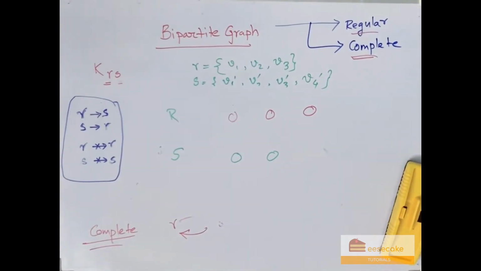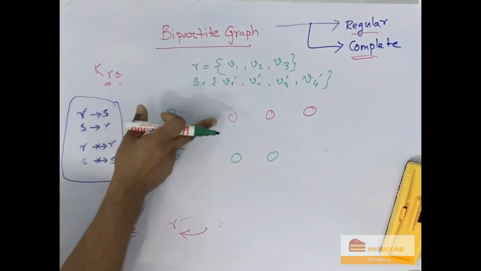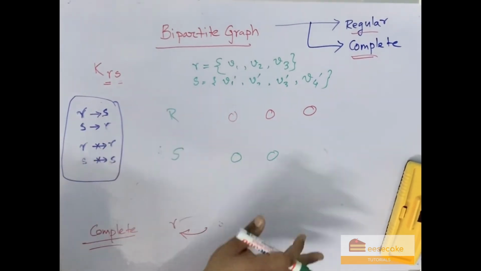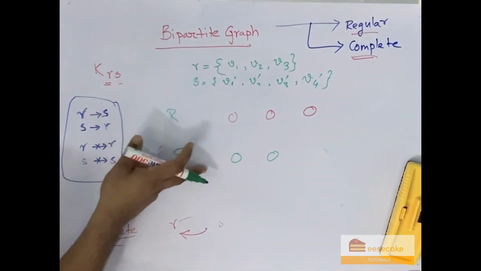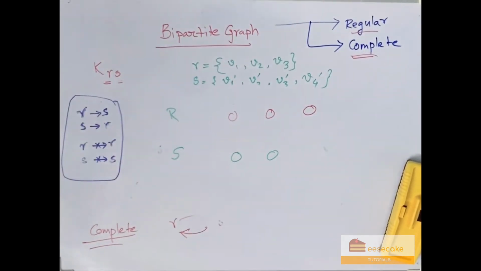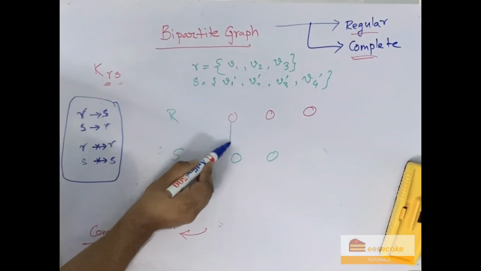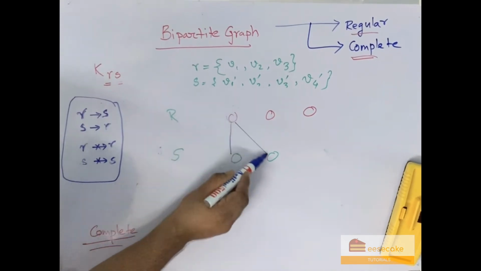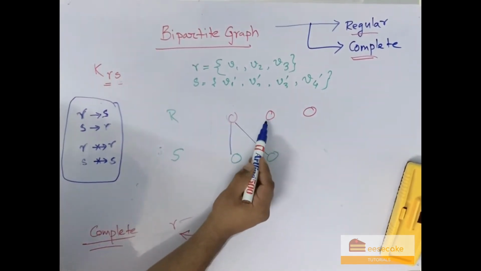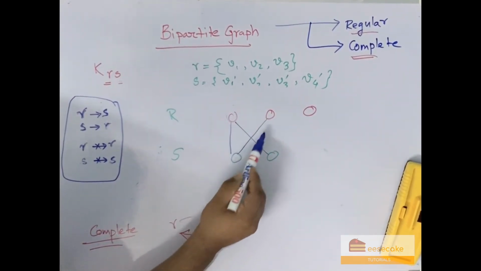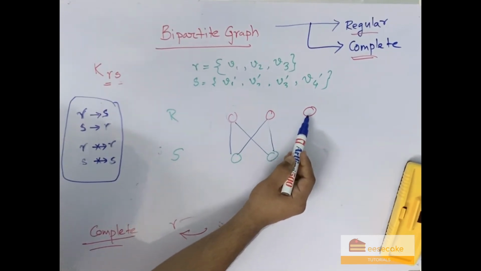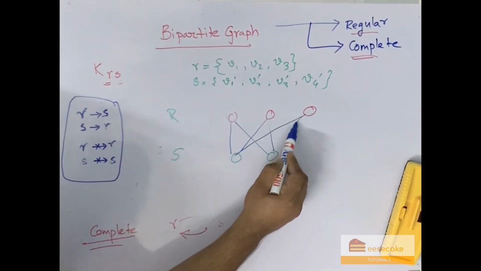Now what a complete bipartite graph is saying is that there will be edges from R to S, all possible edges, and there will be edges from S to R, all possible edges. By that I mean I have to draw all the possible edges from each of these to these two.